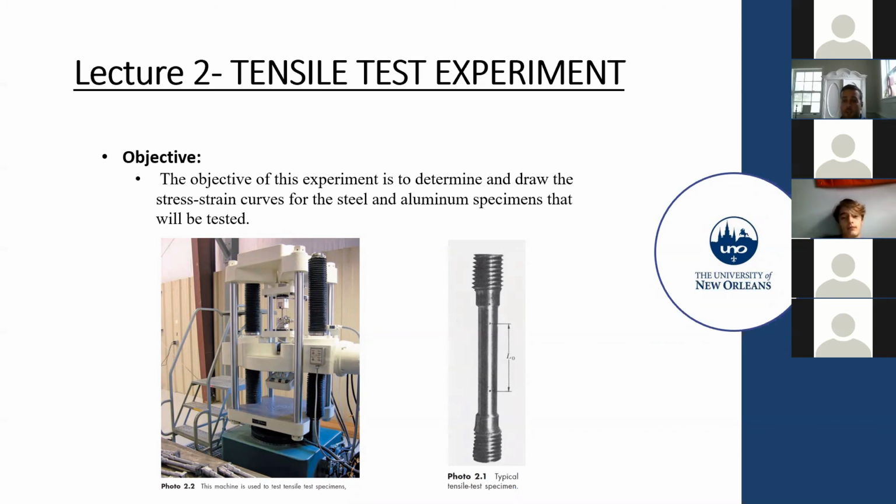But if they read your report, the objective tells them the goal, and in the theory section, you explain what strain is and why we run this test. Even a person who doesn't know anything about engineering should be able to understand what you are talking about. So write your report in simple terms.